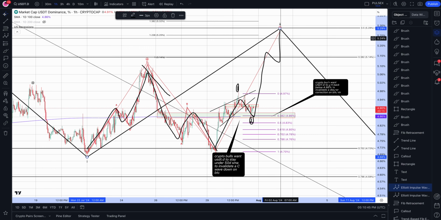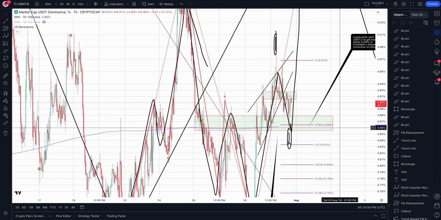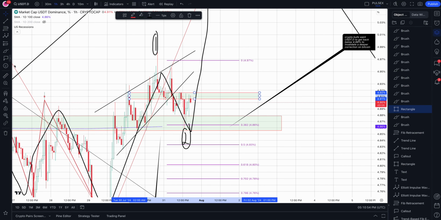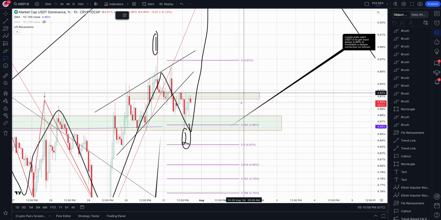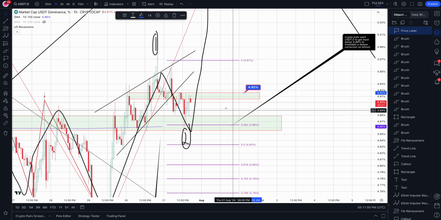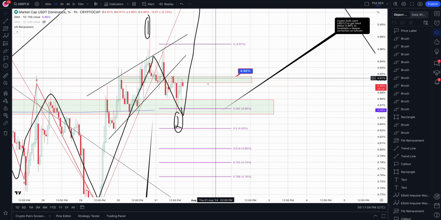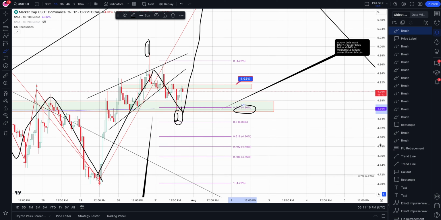So going forward, what crypto bulls would want to see is, number 1, USDT dominance to stay below 4.92% and not flip above this breaker block. And number 2, 4.86%.